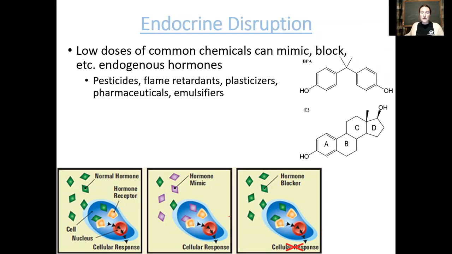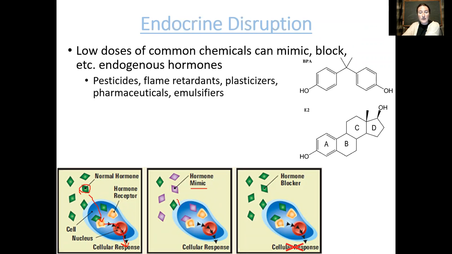Okay, so normal response, right? We have a hormone, LH, FSH, whatever, that is released into the blood. It binds to a receptor and ultimately produces some kind of cellular response, right? We make testosterone or sperm or whatever in response to normal levels of this normal old hormone. Some of the chemicals that we interact with can mimic hormones, right?